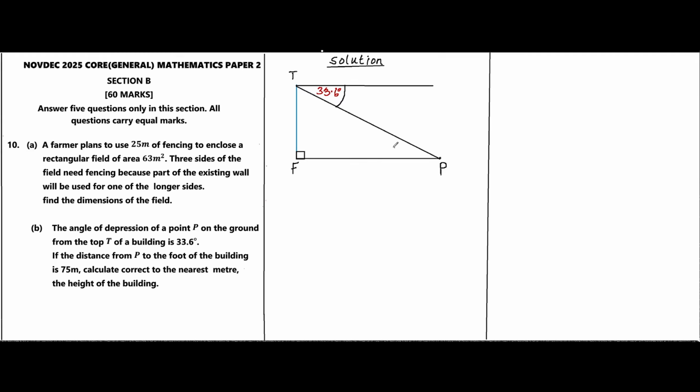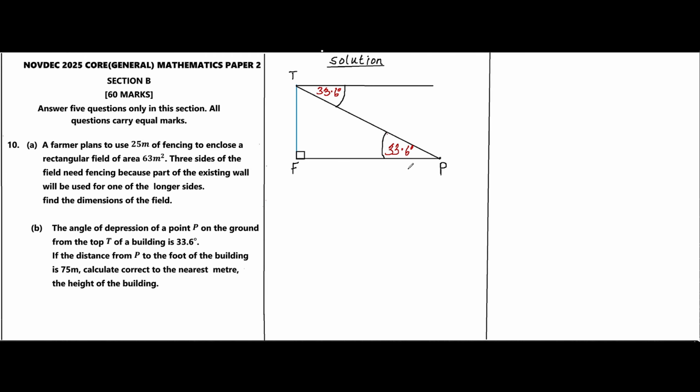So this angle here also measures 33.6 degrees. So that is the angle of depression. So we have our right angle triangle. There's our right angle triangle.